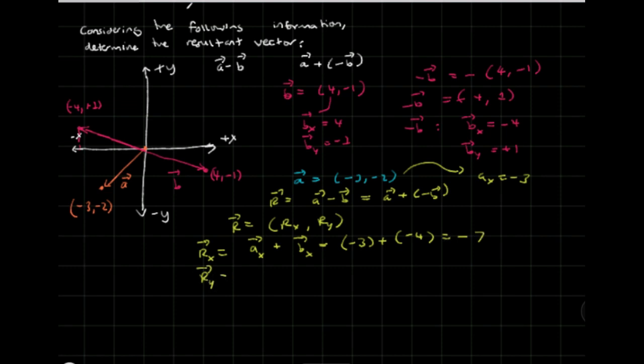The sum of the new y coordinates is Ay plus By. Ay is negative 2, plus By, which is plus 1, gives negative 1. So our resultant vector's new coordinates are negative 7 and negative 1.